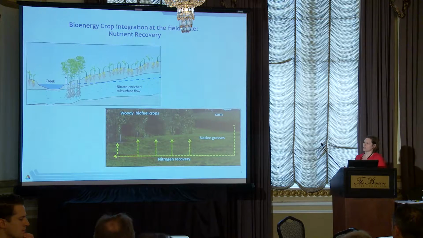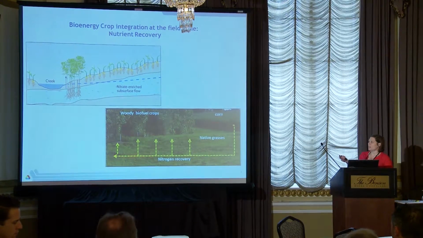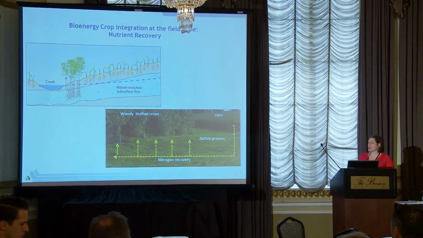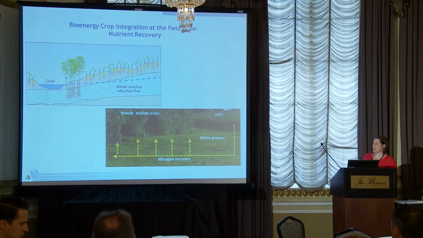So the fertilizer that's applied, any of those nutrients that are leached below the root zone of those grain crops, are then picked up by your deep-rooting perennial crops before they enter into your stream system. But the catch to this system is you are converting land that is currently under grain crop to bioenergy crop in a corn, soybean dominated system. So how do you convince farmers to do that?